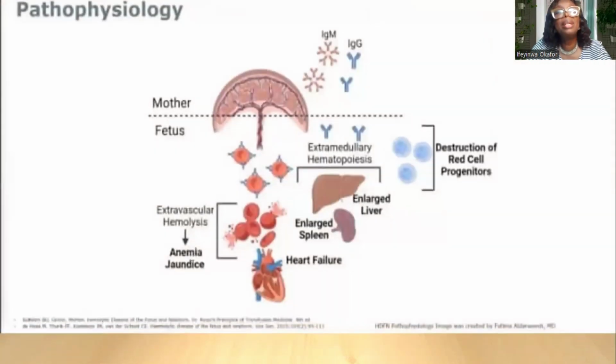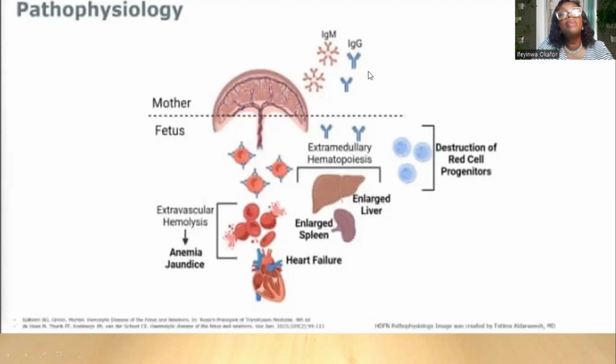Let us look at a diagrammatic explanation of the pathophysiology of hemolytic disease of the fetus and the newborn. We have the antigens on the red blood cells, and we have the antibodies in the plasma. And some of these antibodies are IgM in nature, while some are IgG in nature. When there is incompatibility between the mother and the child, the mother is sensitized to produce antibodies against the antigens on the surface of the baby's red blood cells.